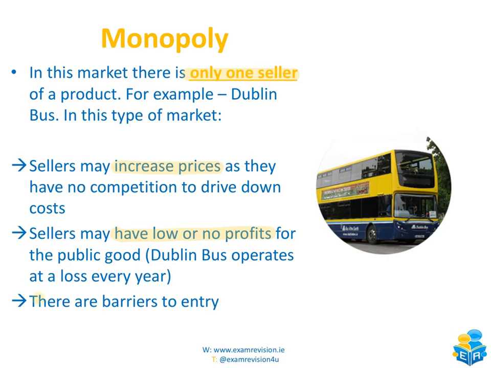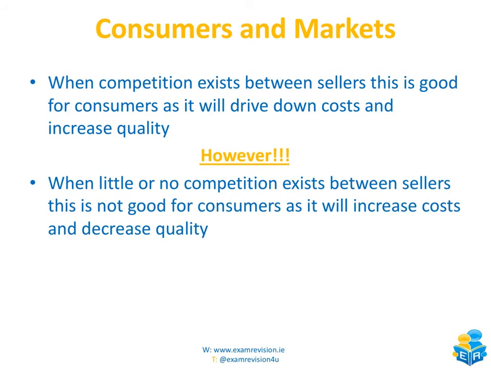And in a monopoly, there are barriers to entry. It's difficult to enter the market. So any products or services which have these characteristics are said to be in the monopoly market. And finally, it's just important to note at the end that the relationship between consumers and markets is that when competition exists, so when there is competition between the sellers, this is good for consumers, because that will drive down the costs and it will increase the quality, because all the companies are competing against one another to get the consumers to buy their product.